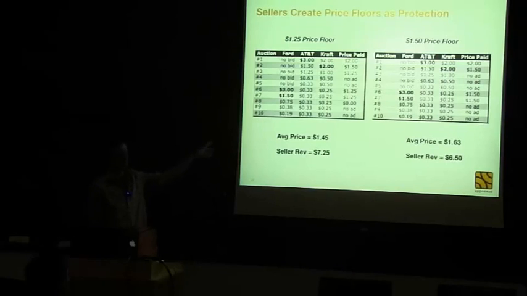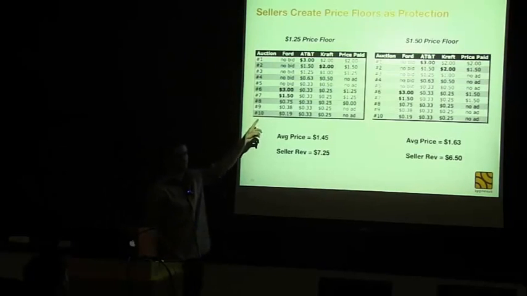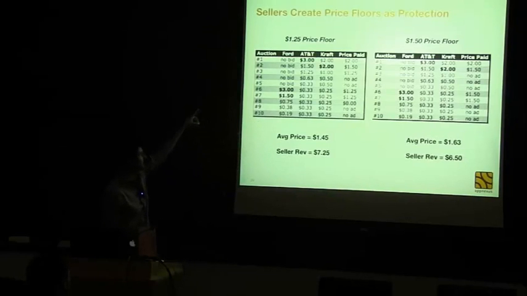So in this case, taking the exact same example as before, but simulate it with a $1.25 price floor. What happens? We run the first 5 auctions. AT&T, Kraft bid. You notice that on auctions 4 and 5, the seller actually chooses not to show an ad at all.